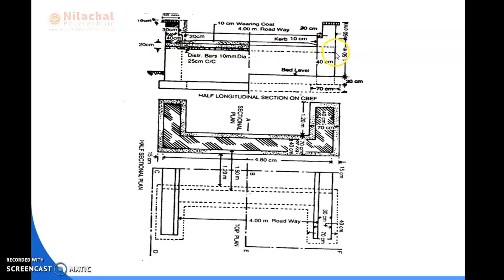It means the wing wall and abutment continue up to the RCC slab. The height of the wing wall and abutment we consider from the bottom of the brickwork to the end of the RCC slab. After that, this portion is your parapet wall.